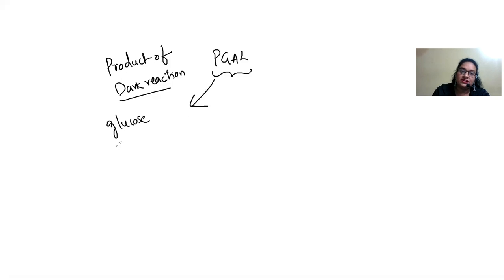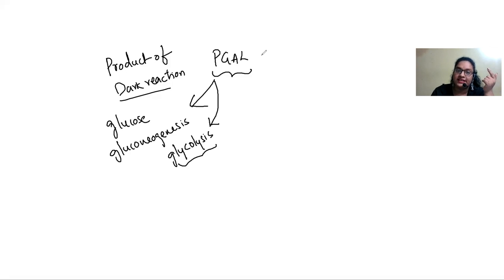And it will be used in the gluconeogenesis process, where glucose can be utilized in the formation of many other forms of carbohydrates. The phosphoglycerol, which is glycerol 3-phosphate, will also enter into the glycolysis process. If you see the biochemistry of glycolysis, you see that there is formation of phosphoglycerol, which will be converted into one of its isomers, called dihydroxyacetone phosphate.